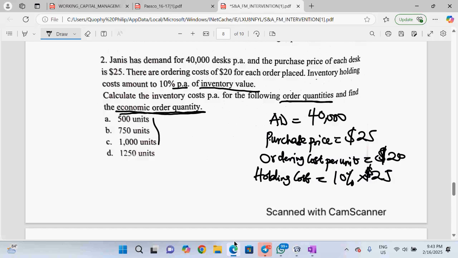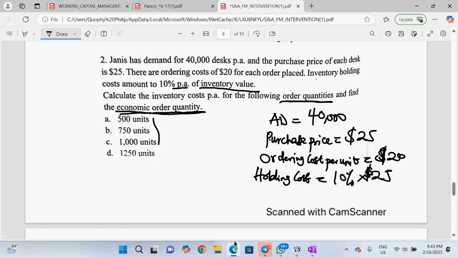With annual demand of 40,000, should we order 500 units each time, which sums up to 40,000 annually?